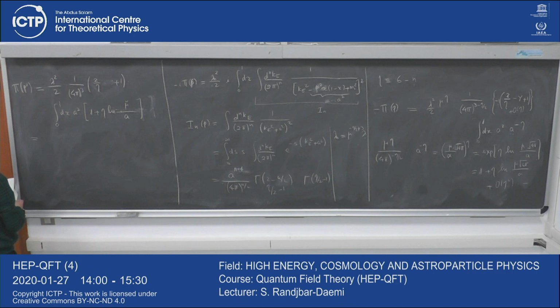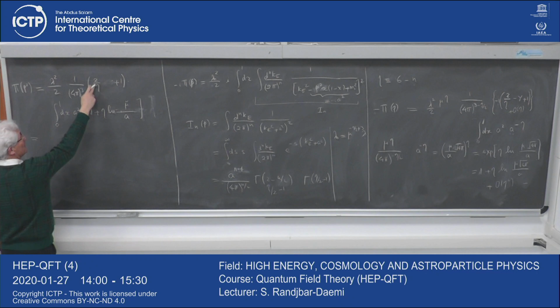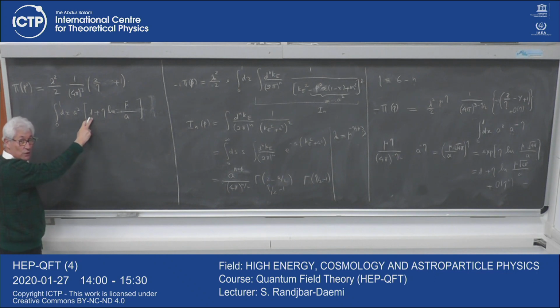Let me explain and then write the final result. There's no point in going through all the steps. So you see that this term times this times 1 will have a 1 over eta in it. Okay? And it will diverge when eta goes to 0.